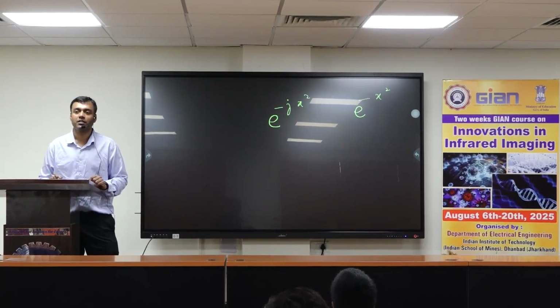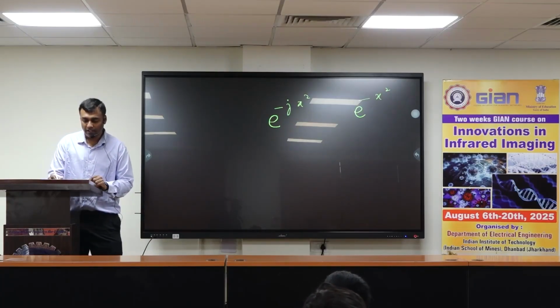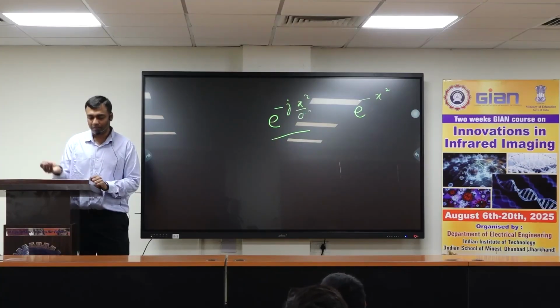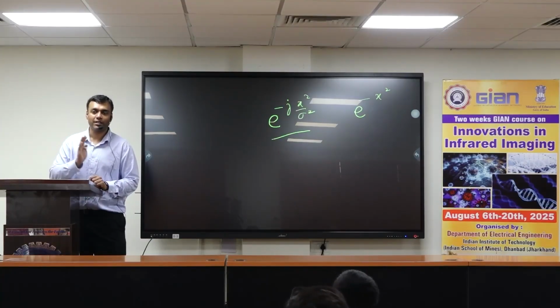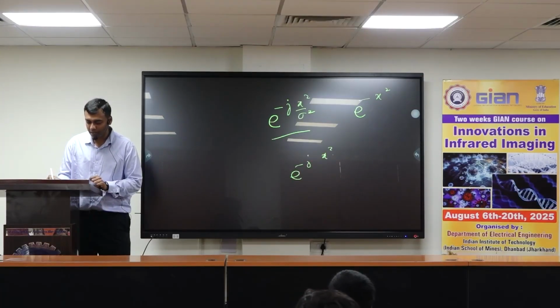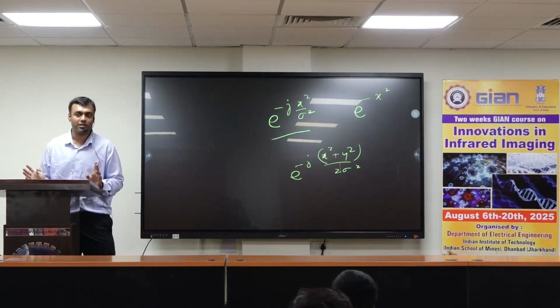What function is this? It's a Gaussian. Correct. E to the j x square is a complex Gaussian. You could have some sigmas and constants, but the crucial thing is it's a complex Gaussian. E to the minus j x square plus y square by 2 sigma square, just as an example, is a complex Gaussian in 2 dimensions.